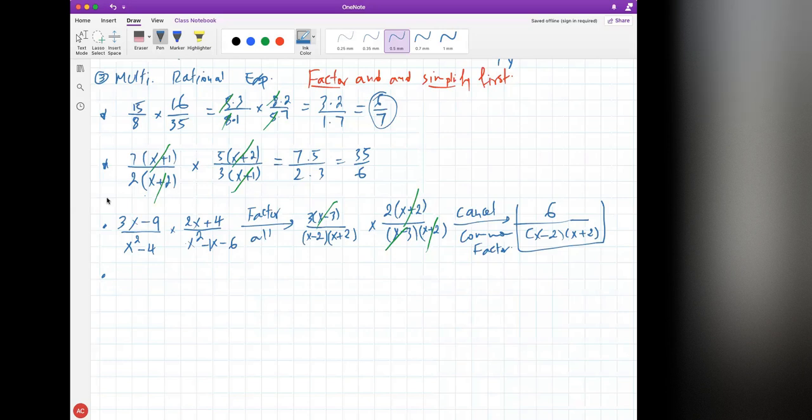So let's see another problem, maybe a little different. So let's see how to multiply something like this. We've seen these before. Let's see how to multiply basically x and y, maybe some y here.